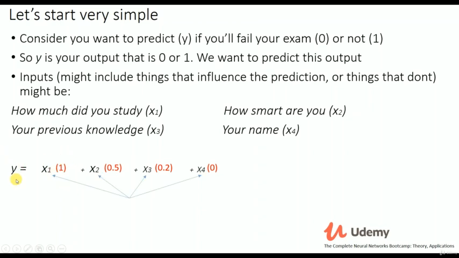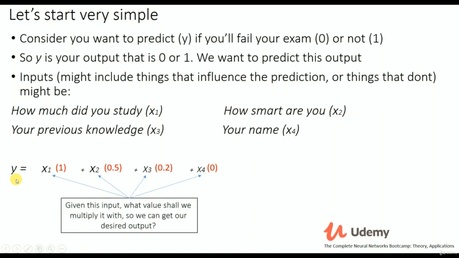So basically what we're doing here is, given these inputs, which are x1, x2, x3, and x4, what value shall we multiply each with so we can get our desired output? Okay, so these values are basically the importance of these inputs. So what is the value that we should multiply with x1, with x2, with x3, and x4 in order to predict our desired output, which is y?